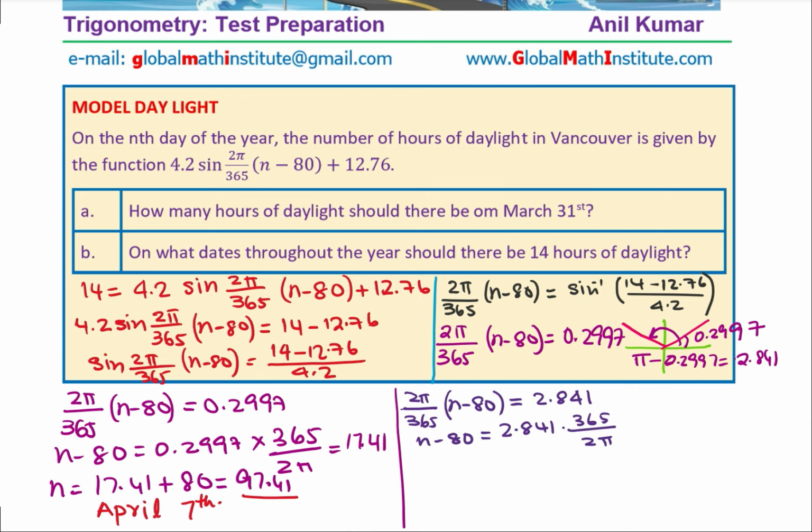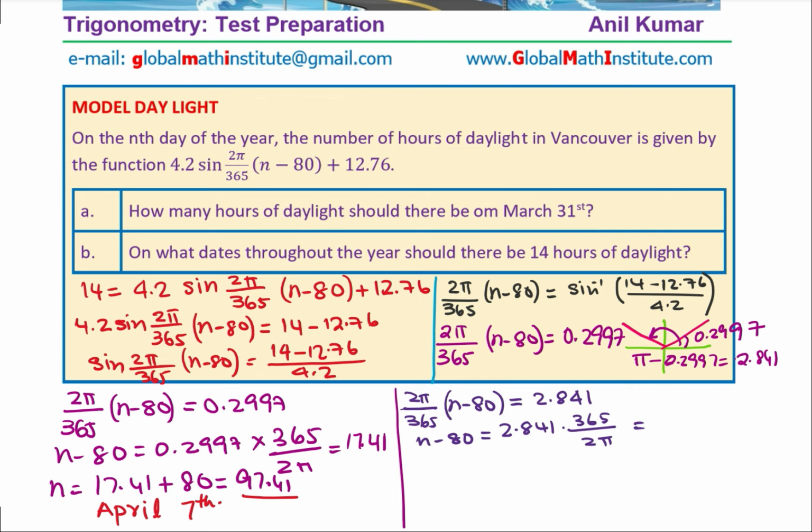Calculate. 2.841 times 365 divided by 2 divided by pi. You have to put 2 pi in brackets, otherwise you might make a mistake. You get the idea. Correct?